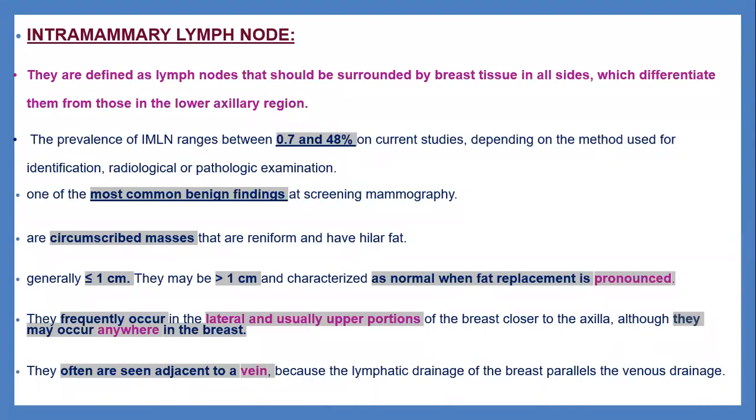It is frequently seen in the upper outer portion of the breast, close to the axilla, although we can see it anywhere in the breast. It's often seen adjacent to a vessel or vein, because the lymphatic drainage usually parallels the venous drainage.